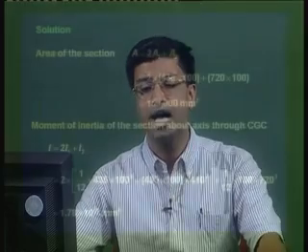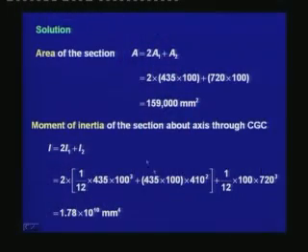Now, for this, the moment of inertia about its centroidal axis is equal to 1 by 12 times breadth times depth cube, which is equal to 1 by 12 times 435 times 100 cube. Then to this we are adding the term, the area, which is 435 times 100 times the distance square, the distance is 410.